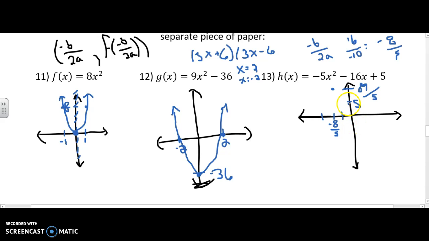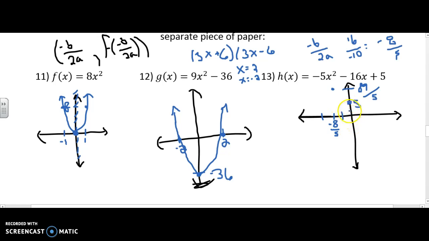And then I know by symmetry of my quadratic that the same distance from the vertex on the other side is also going to give me 5. So 0 was me going from negative 8 fifths here, so it's 8 fifths up. So I want to go 8 fifths away to get to the other point that's the same distance away.